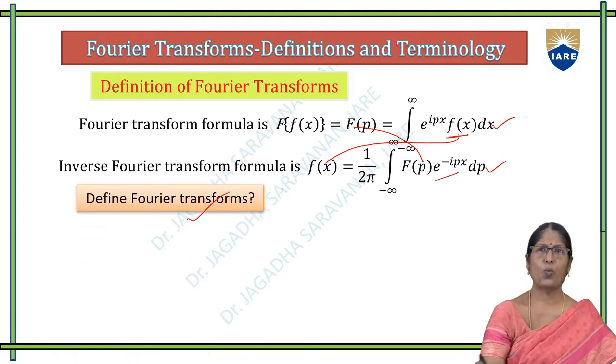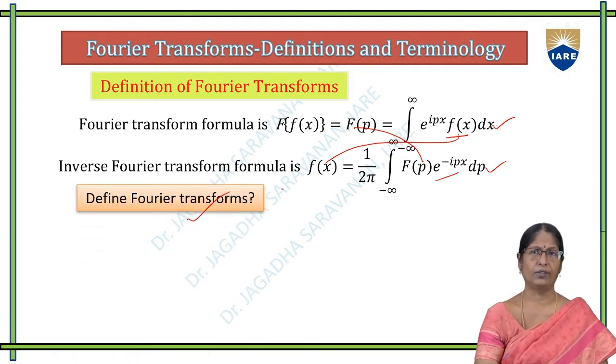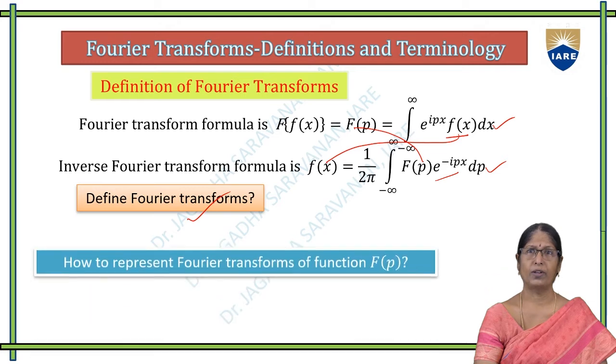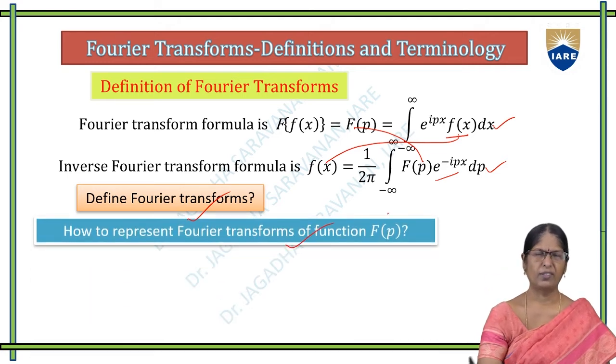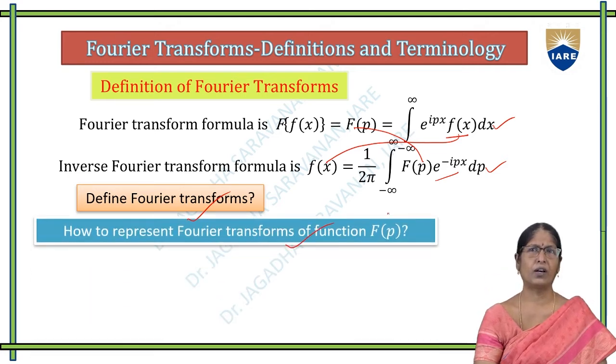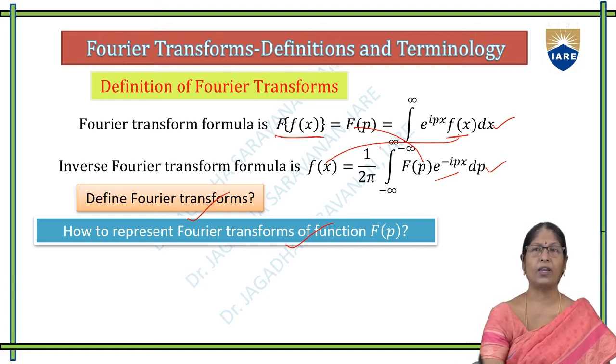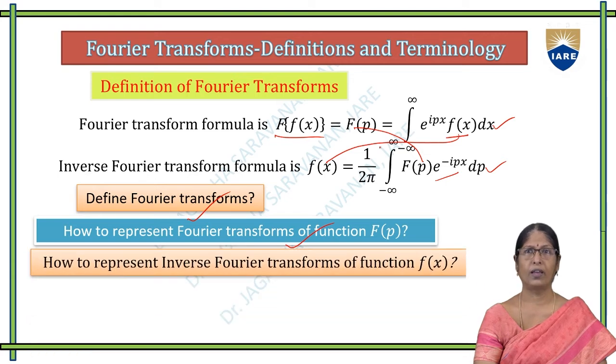So what is the question we can expect from this? We can expect: define Fourier transform. Otherwise, the same in a different way of questions. How to represent the Fourier transform of the function, capital F of p, otherwise capital F of x.